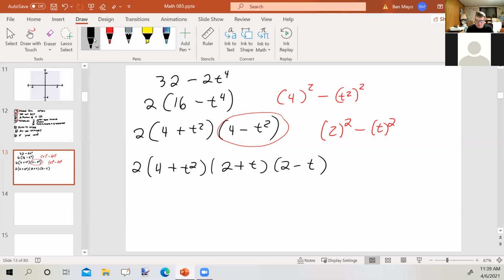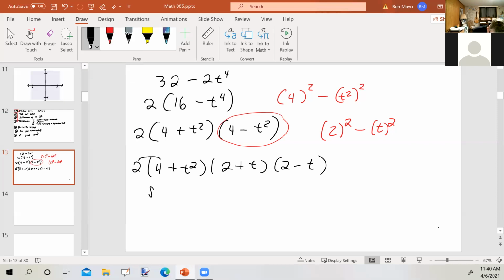All right, are you through? I believe we are. What would you do to check your work? You'd multiply it all back together again, okay? So let's see. Now, recall that multiplication is commutative, so we can multiply any 2 factors together in any order we want. Let's see here.